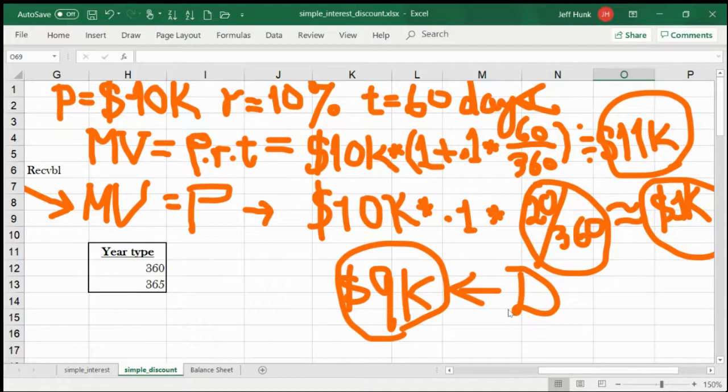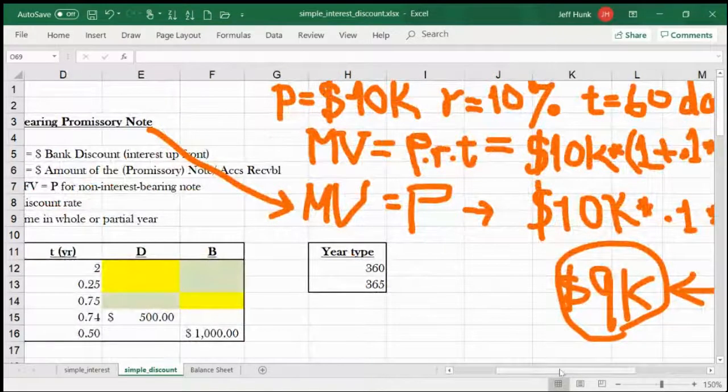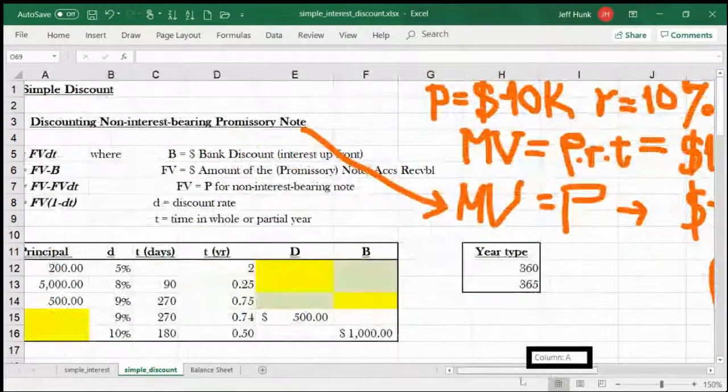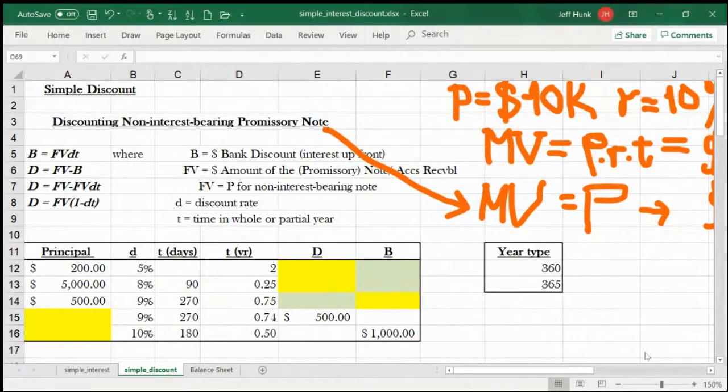But that's what proceeds from this negotiation with the bank, this factoring with the bank. Okay, so that's the concept of simple discount.